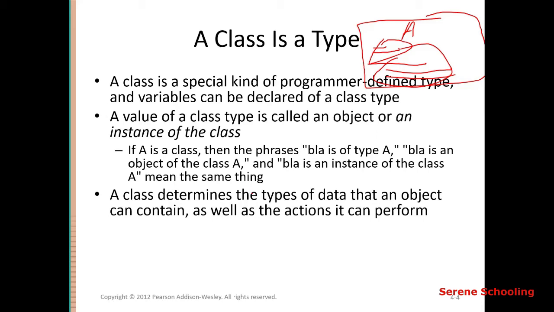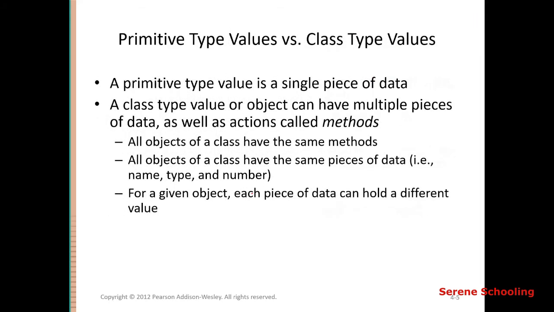Let's look at the difference between primitive type values and class type values. Let me illustrate that concept. Suppose you have created a primitive, a variable of integer type, right?